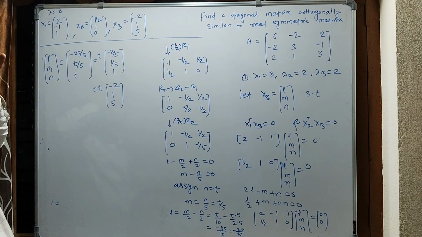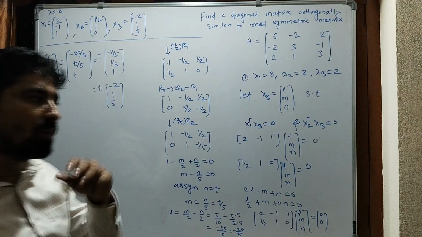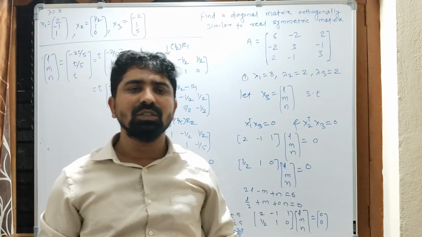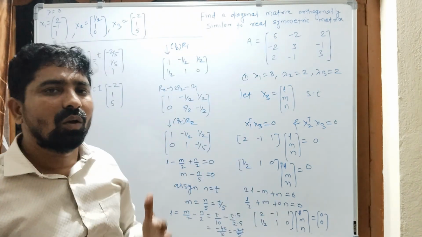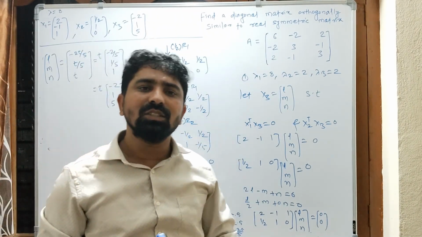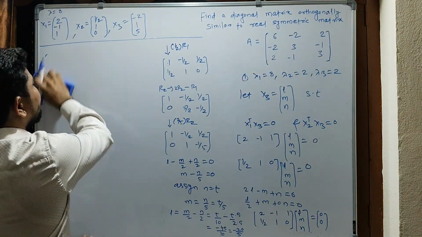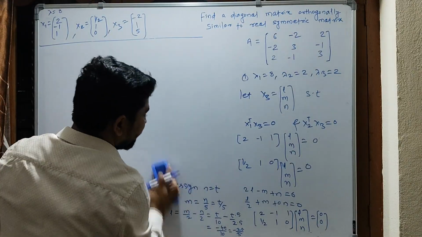So first you have to convert the length of x1, length of x2 and length of x3 to 1. So in the modal matrix P, the elements of the modal matrix P are the normalized eigenvectors as its columns. So that is the modal matrix P. So now first find the length of x1, x2 and x3.